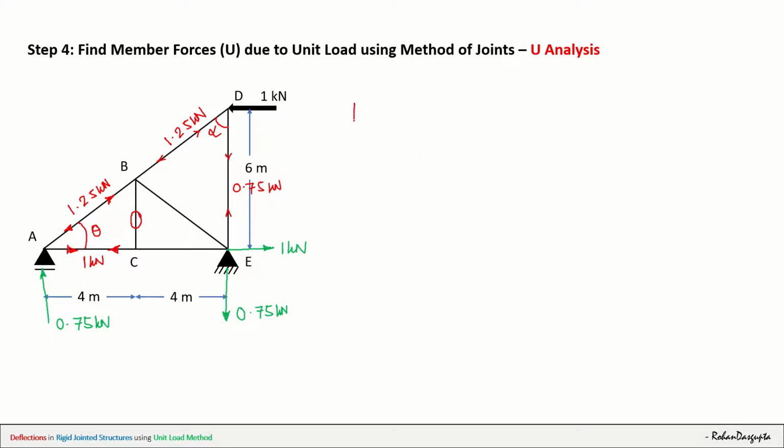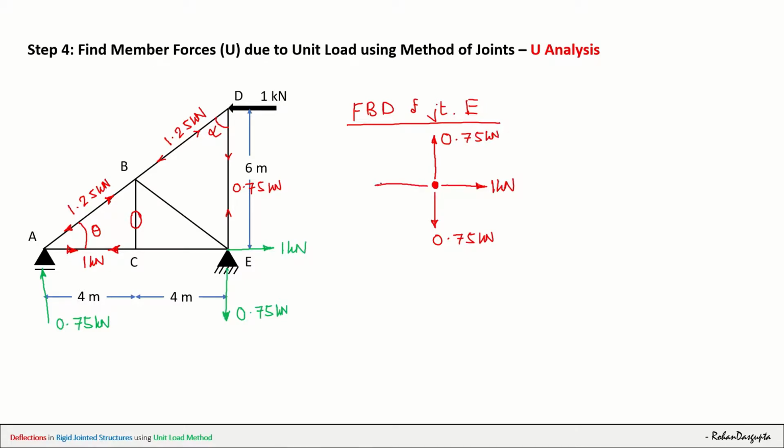So quickly let us draw the free body diagram of joint E. The known force here is 1 kilonewton towards this side, then 0.75 in the downward direction, and 0.75 in the upward direction. Actually, we could have simply cancelled these two forces out, but okay, just let it be.